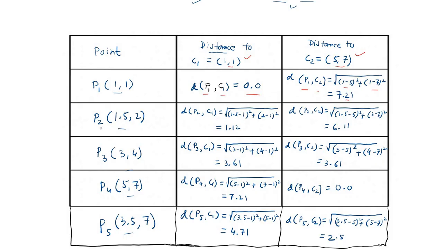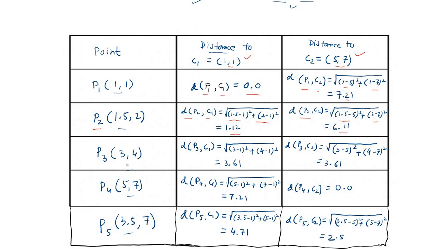Similarly for P2, the Euclidean distance between P2 and C1 is the square root of (1.5 minus 1) squared plus (2 minus 1) squared, which is 1.12. The distance between P2 and C2 is the square root of (1.5 minus 5) squared plus (2 minus 7) squared, so this comes to 6.1.